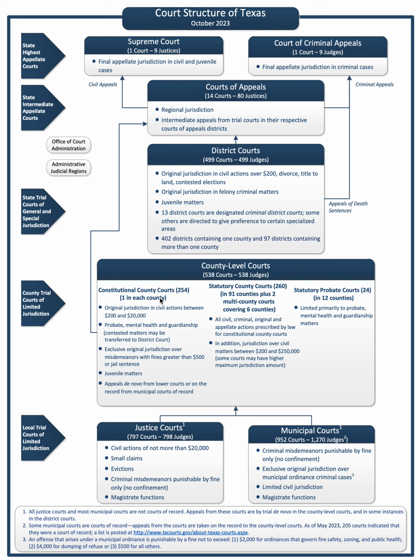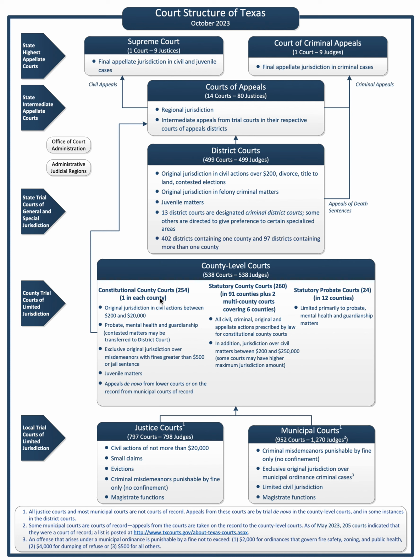And then sometimes those constitutional county courts exist in counties that are too big, like Dallas County or Harris County, too big for the county judge to be a magistrate in the county court and the executive of the county government.